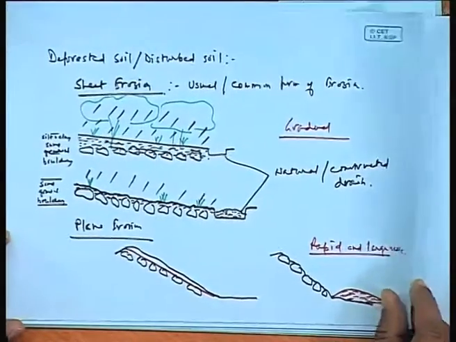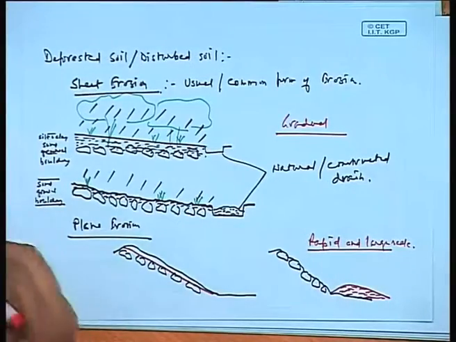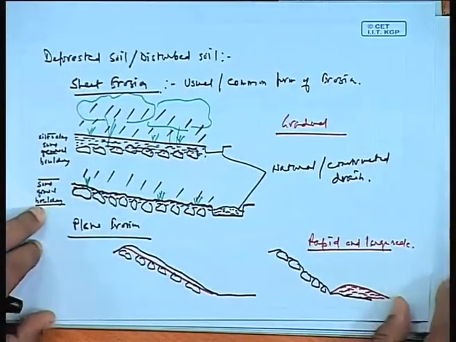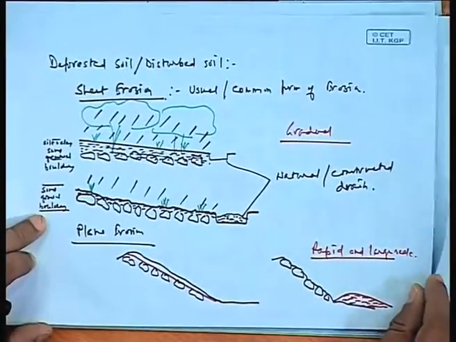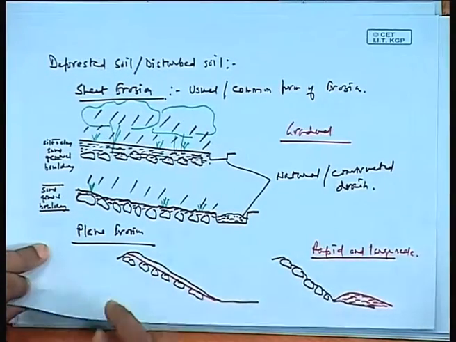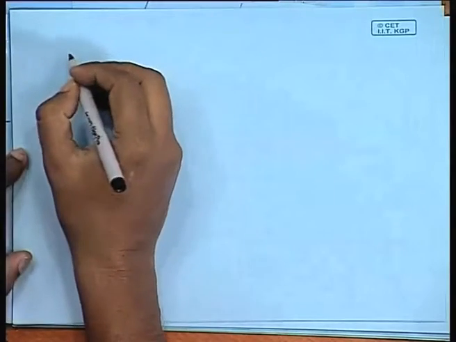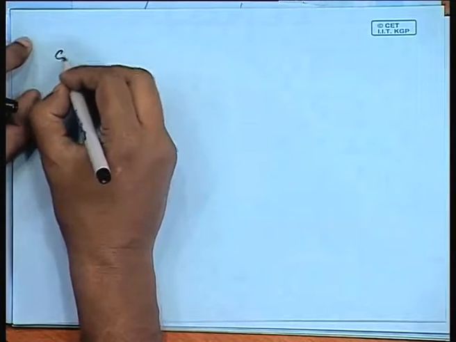So this is plane erosion, which usually takes place in the soil. Going on from this, you form channel erosion. The next form is channel erosion.